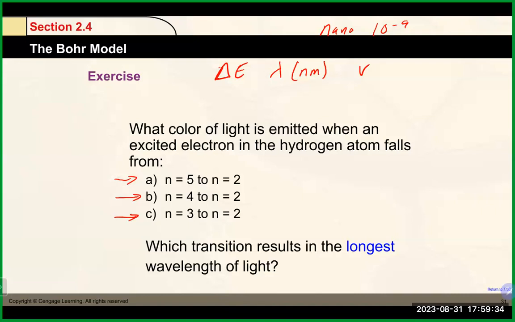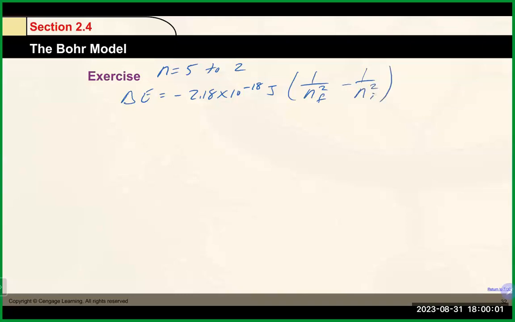Okay, let's take a look and see how we're doing. We'll start with the first transition here, n equals 5 to 2, I think. So we'll start with our equation. Our change in energy is equal to minus 2.18 times 10 to the minus 18, which is our Rydberg constant, times 1 over our final energy level squared minus 1 over our initial energy level squared.